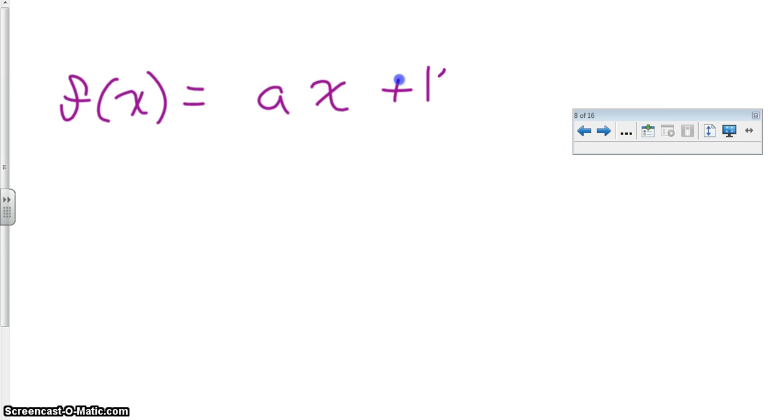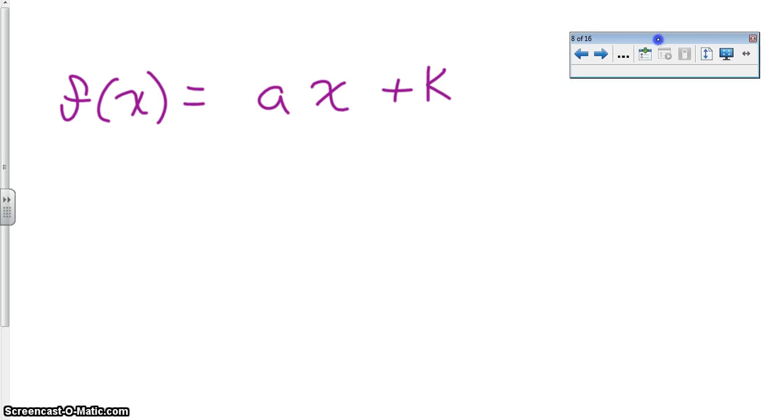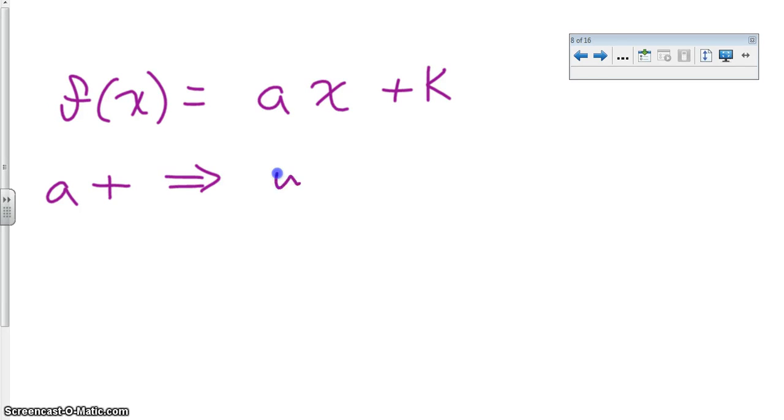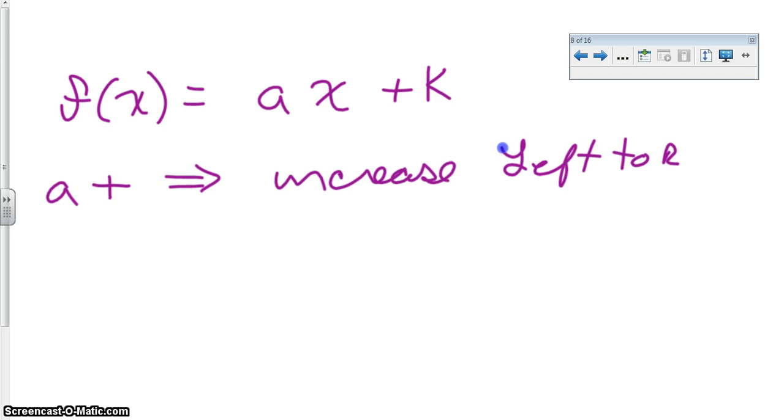All right, so in your important notes, I would like you to write f of x is equal to ax plus k, okay? And let's just kind of review what you had. If a is positive, it will increase from left to right.